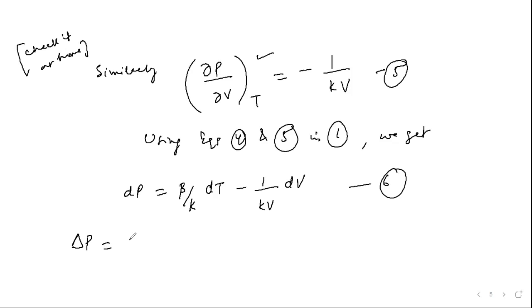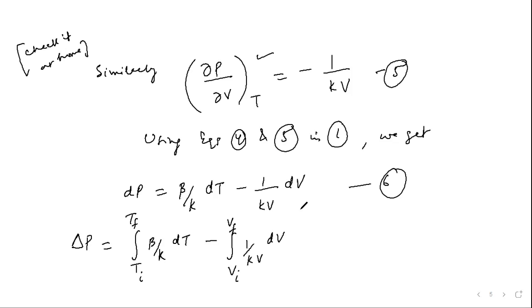So I can write the integral from Ti to Tf of beta by K dT minus the integral from Vi to Vf of 1 over K V dV.